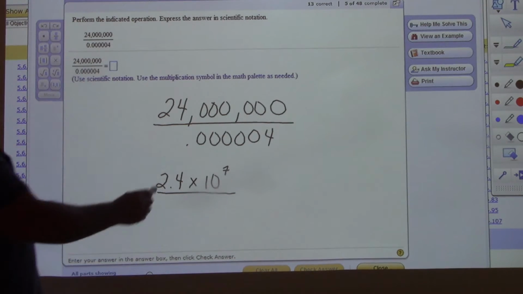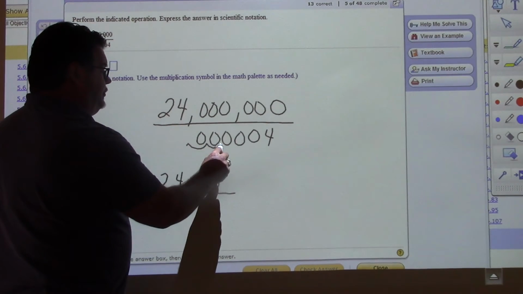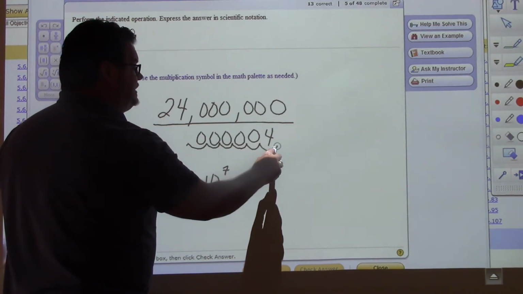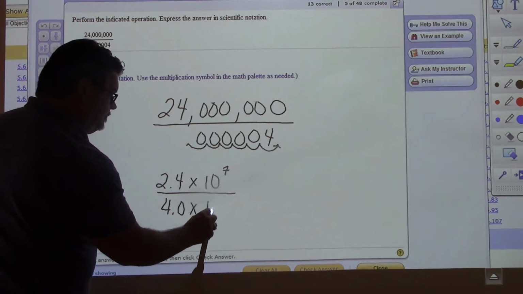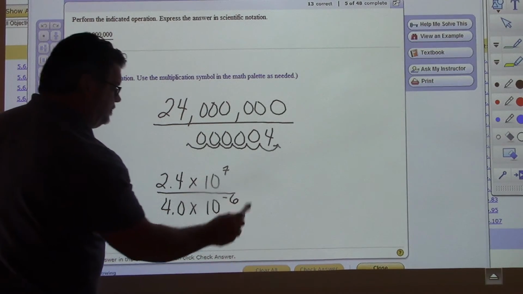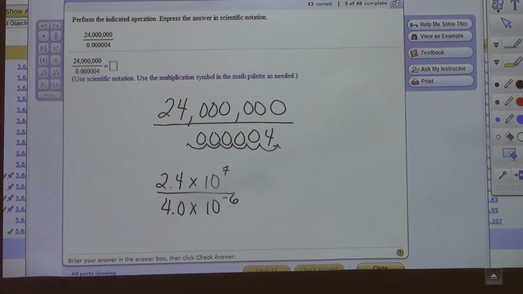And then the small number, 1, 2, 3, 4, 5, 6. Now I went ahead and put the negative in there because you should know how to get that down.